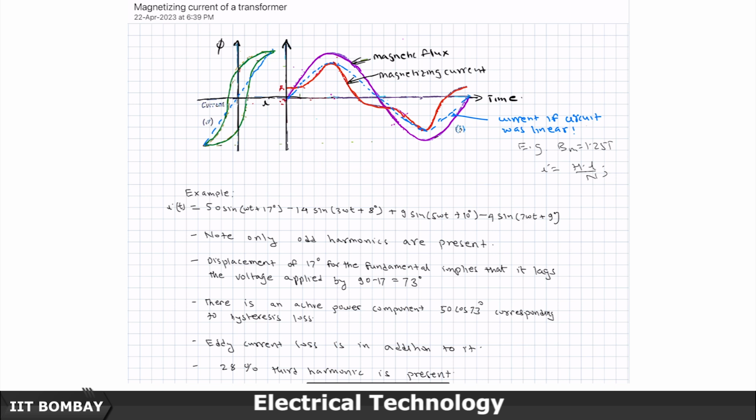So, that is another non-linearity which exhibits itself due to iron, iron being the primary dominant element of the transformer. These two aspects we need to understand in this lecture. So, let us begin with the simpler one, the magnetizing current of the transformer.